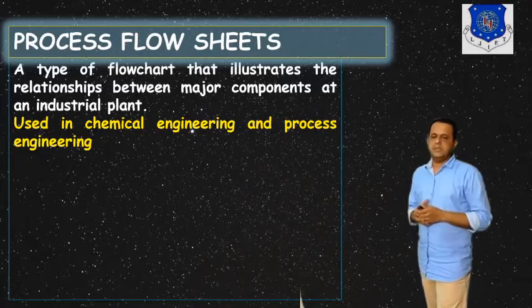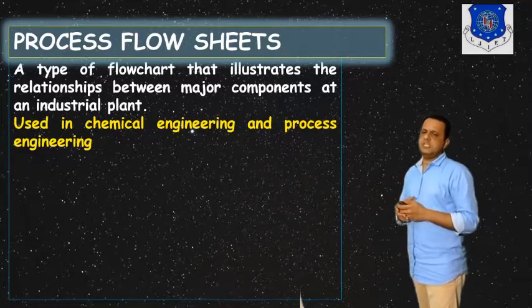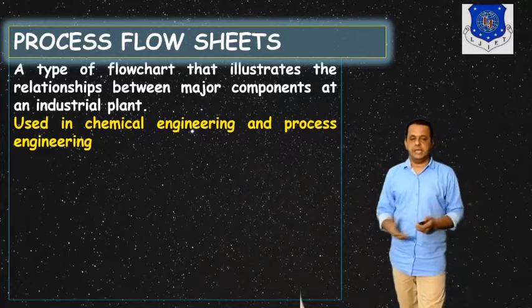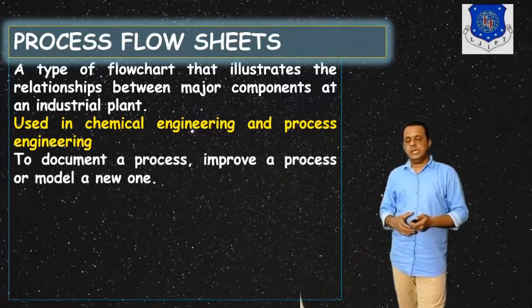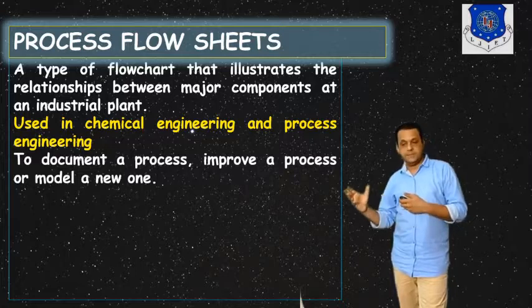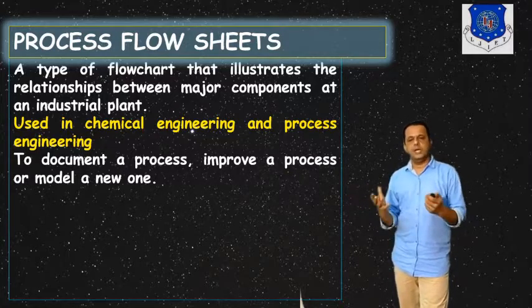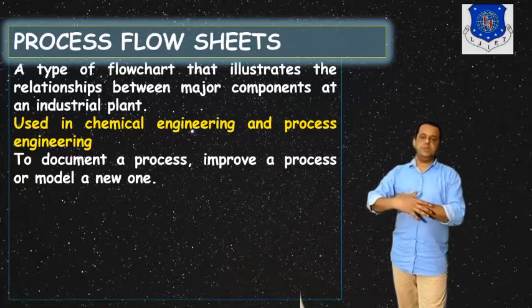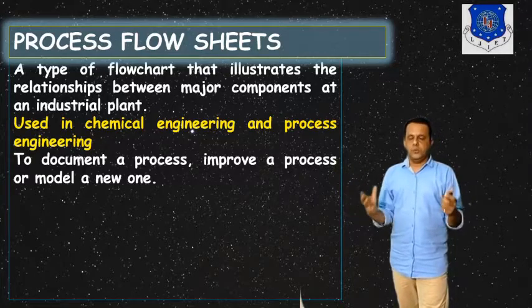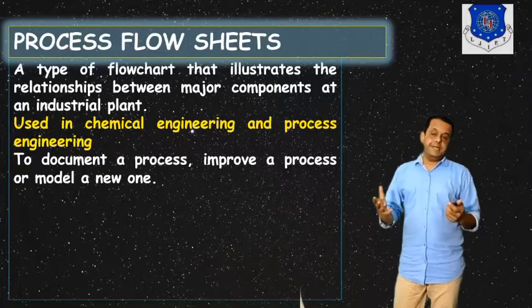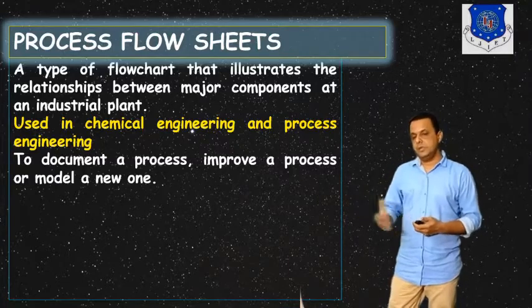Basically, most of the time it is used for chemical engineering and process engineering where complicated plant layouts are there. Then it is useful to document a process, which usually we narrate in terms of text or wordings. But here it will be a visual flow or visual diagram, which may be prepared manually or with the help of software.